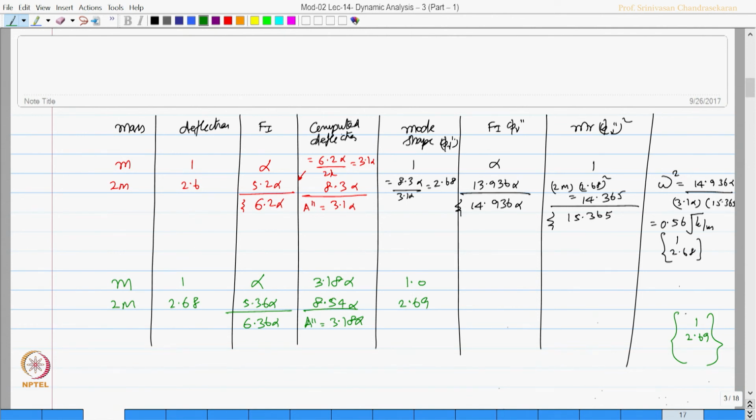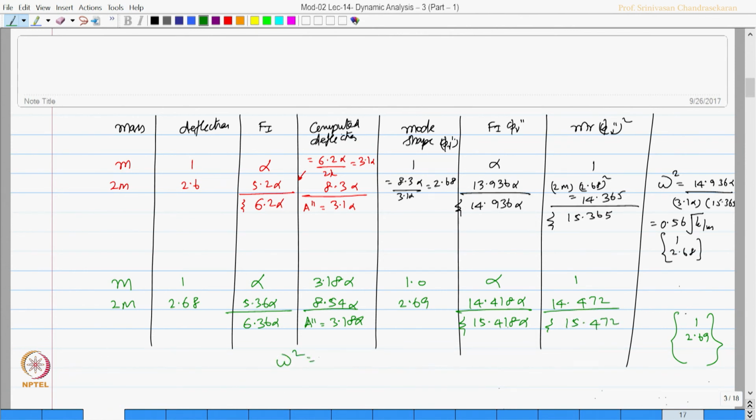Then you work out this value as alpha, 14.418 alpha. I make the sum, which is 15.418 alpha, this is 1 and this is 14.472. I make the sum, it is 15.472.